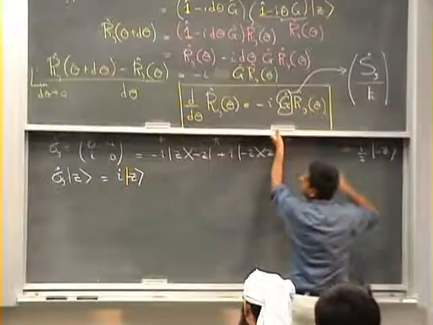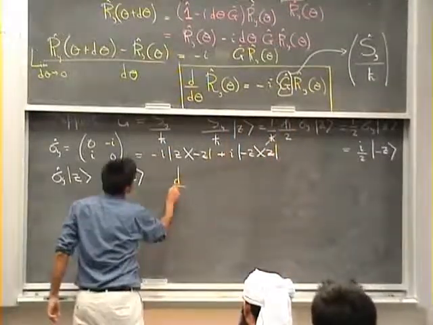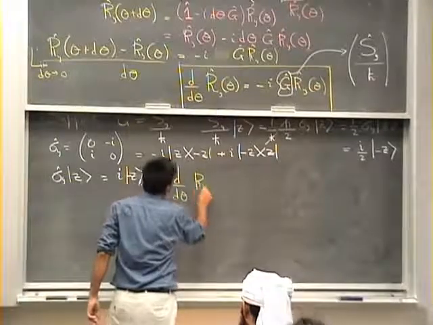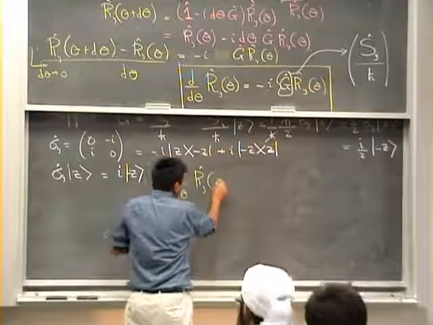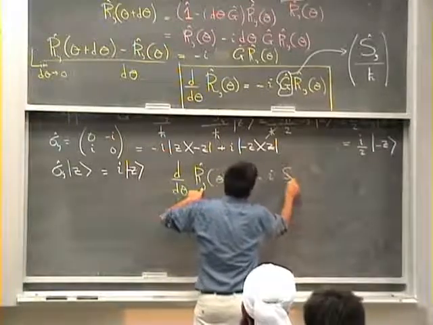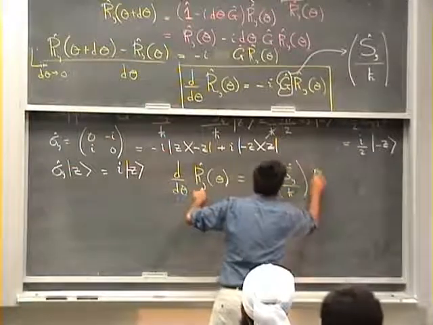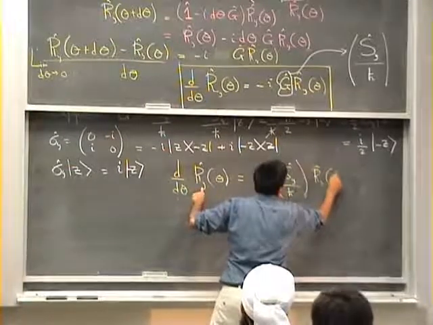Okay. Now let's look at this differential equation. D by d theta of the rotation operator, which is the rotation about the y-axis, must equal minus iota sy over h bar r by theta.